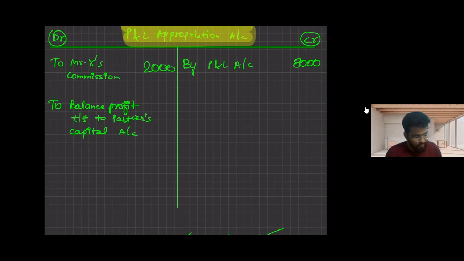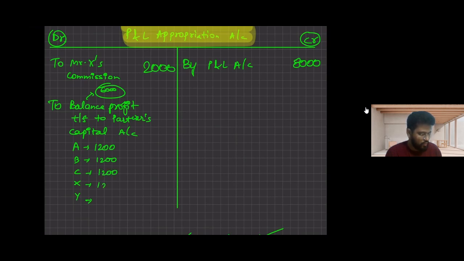The balance profit is 6,000, and it has to be distributed between A, B, C, X and Y. So how much will each one get? It would be 6,000 divided by 5. So each one will get 1,200, 1,200, 1,200, 1,200 and 1,200.